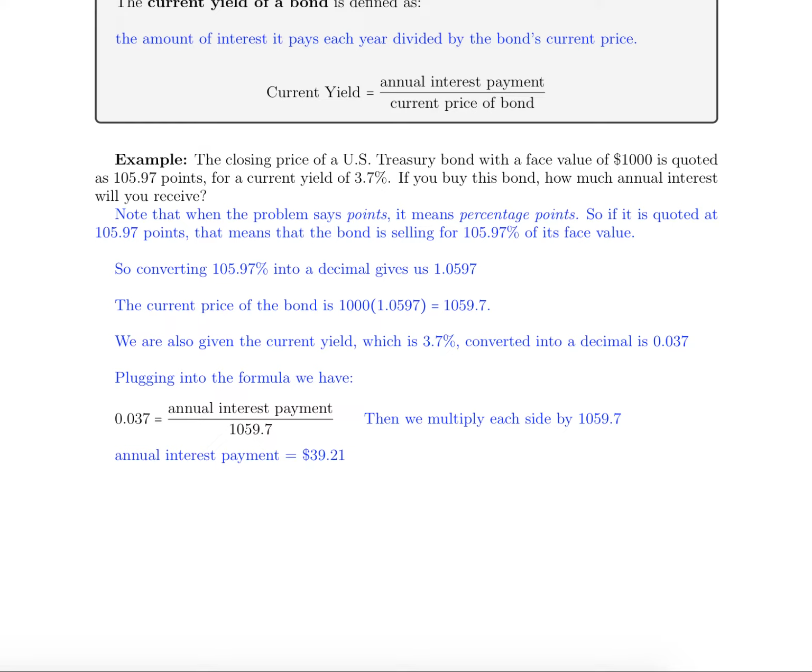And that's it. The strategy for these types of problems is we first must find the current price, and then once we find the current price, we just plug everything in. When we're looking for annual interest, we solve by current yield equals annual interest over current price.